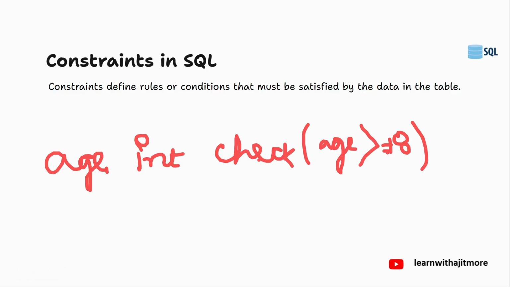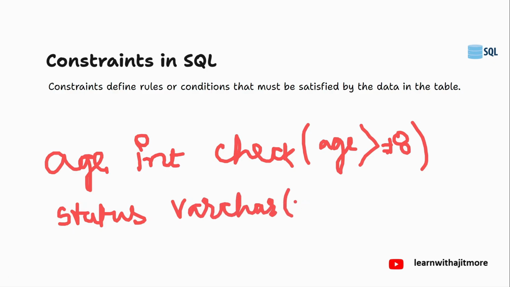So this is one example. Like this, there can be many. For example, there is a bill status. Status, varchar 30, something you have given.